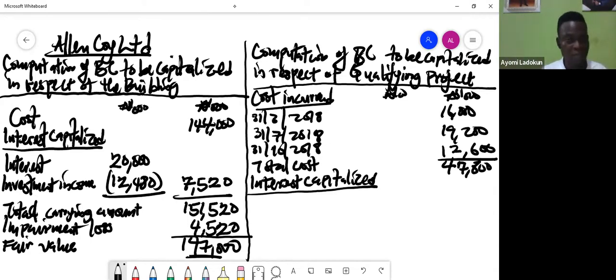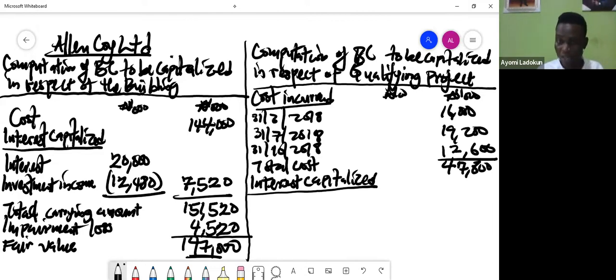So how do I get my capitalization rate? Interest on loan over total loan. What is the interest on loan? Look at the table. You will see 14.4 for the 10-year loan, then another 14.4 for the bank overdraft. They have computed the interest already. I will add it together.